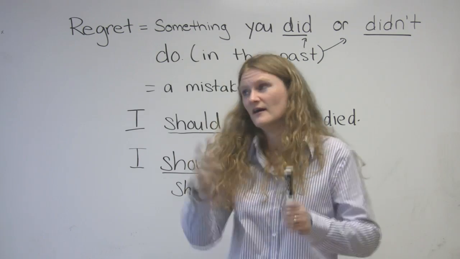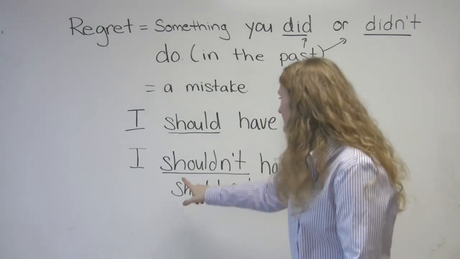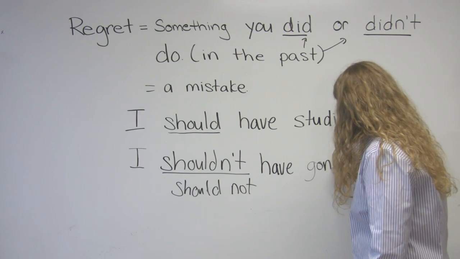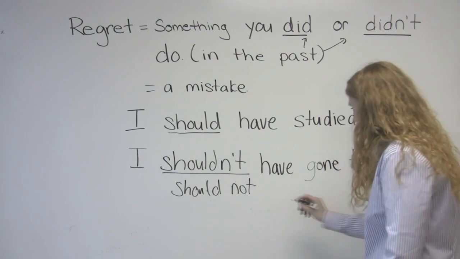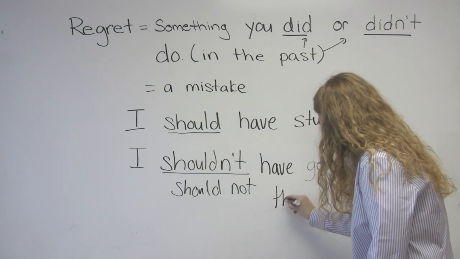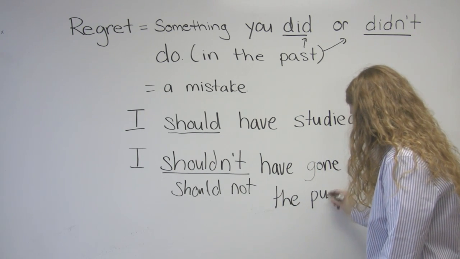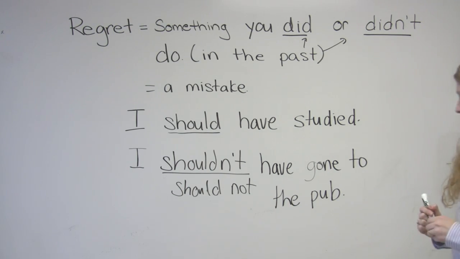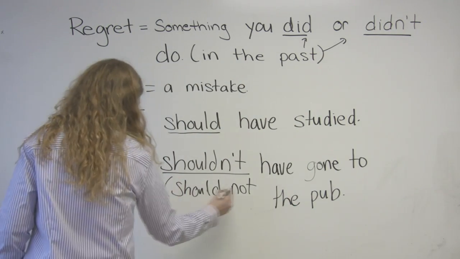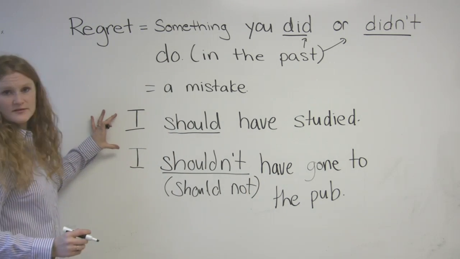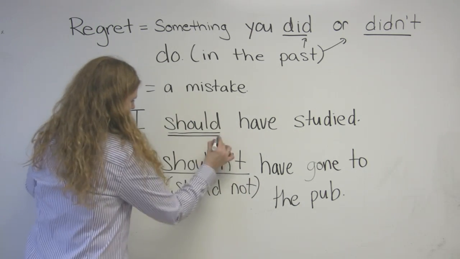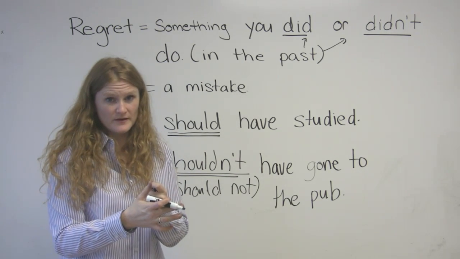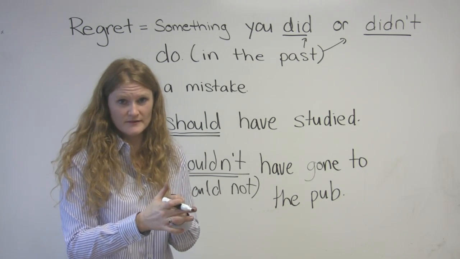So I can say, oh no, I shouldn't have gone to the pub. So these two are both regrets. One is I should have done something, one is I shouldn't have done it.